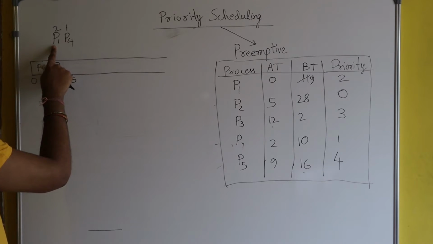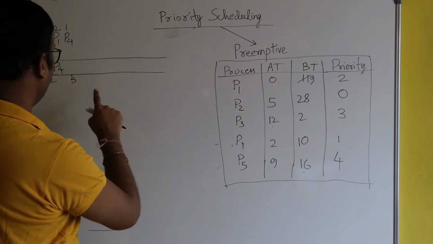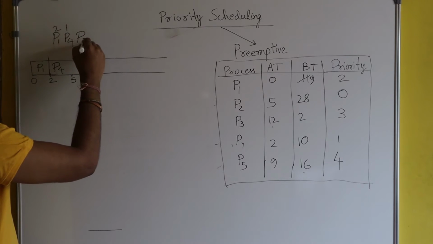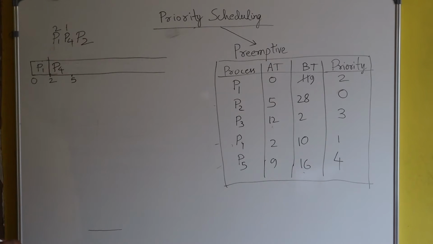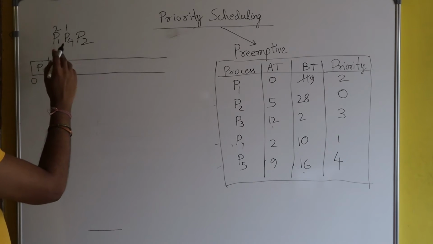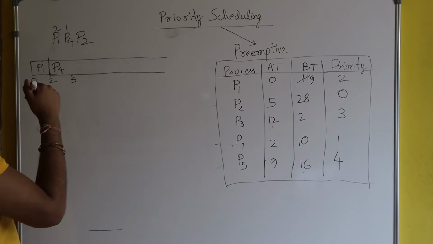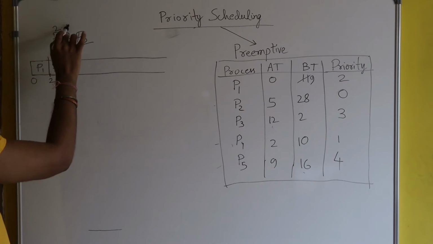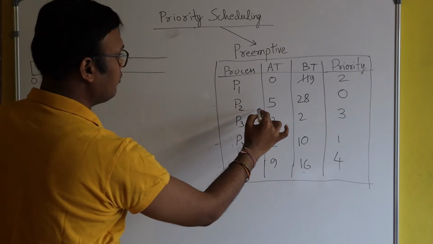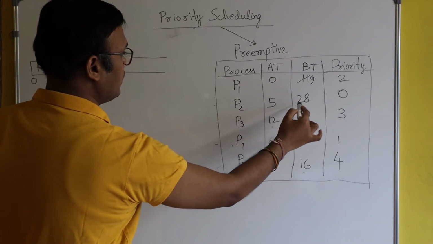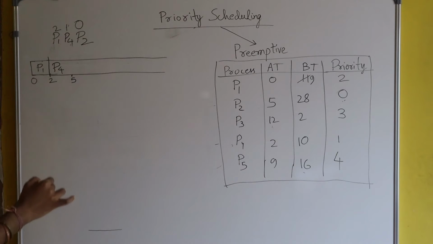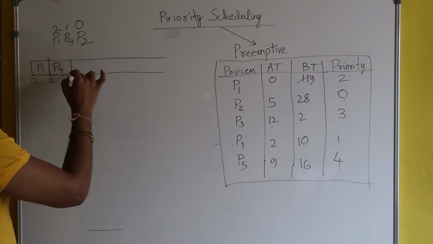We have P1, we have P4, and at the fifth second P2 has arrived. Which process should be given the CPU? P1 has a priority of 2, P4 has a priority of 1, and P2 has a priority of 0. It means P2 has the highest priority, so CPU will be given to P2.